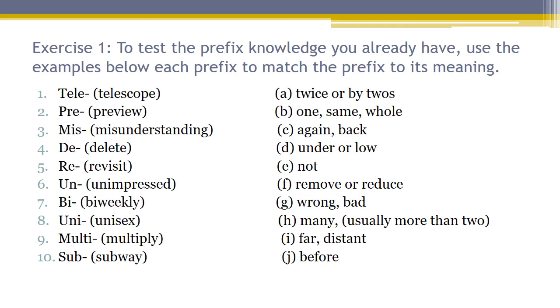So try to match them to their meaning, each prefix. Which one of these means twice or by twos, for example? We've already done this in the previous slide. So bi means twice or done by twos, okay?